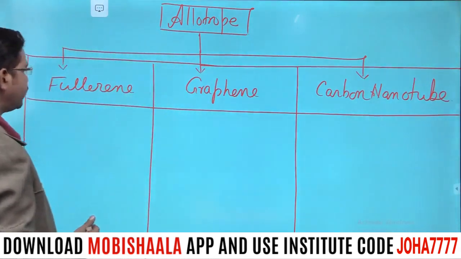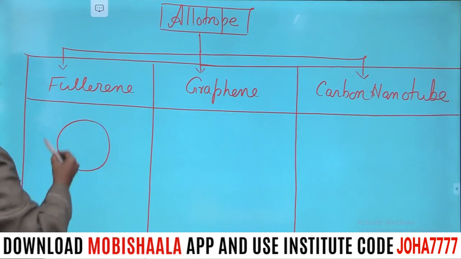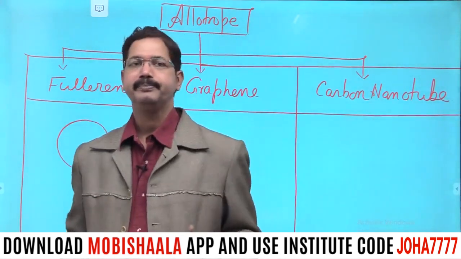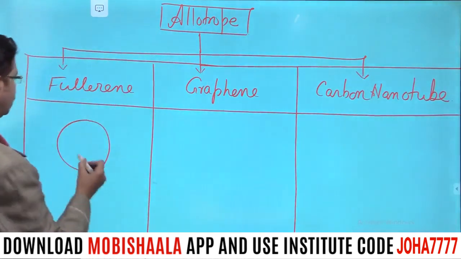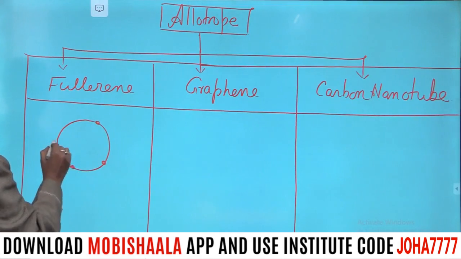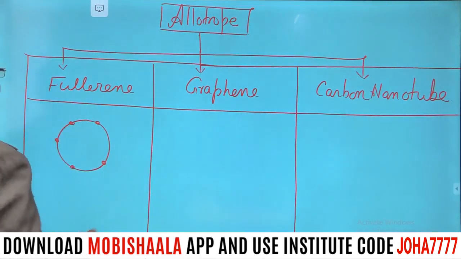So what is a fullerene? Fullerene is basically, you can say, a ball-like structure made up of carbon atoms. This is a ball of carbon atoms in hexagonal form, 6 carbon atoms.